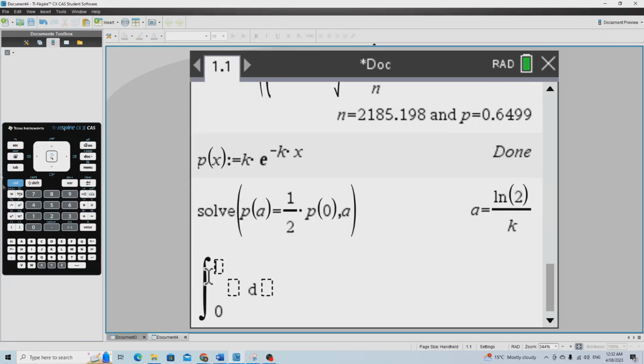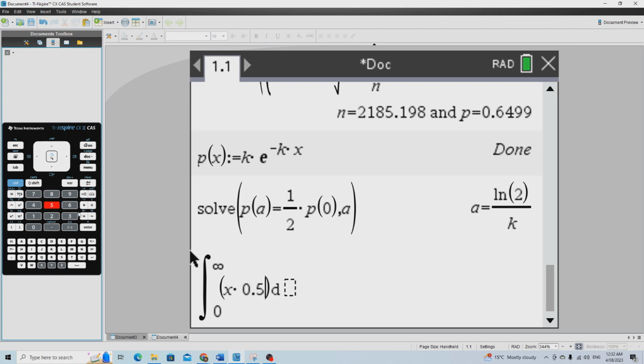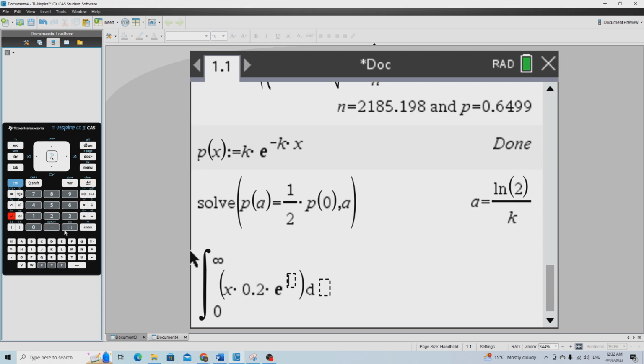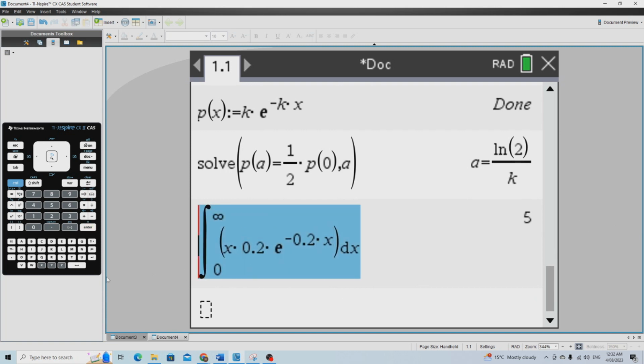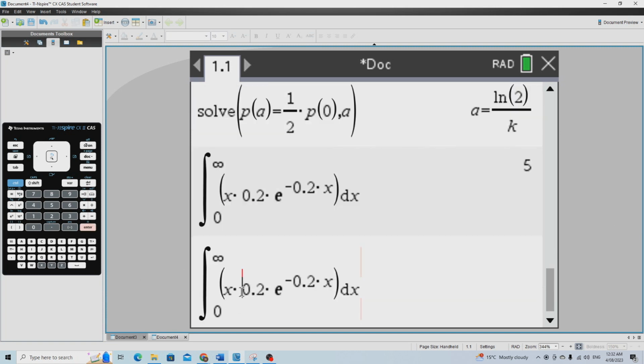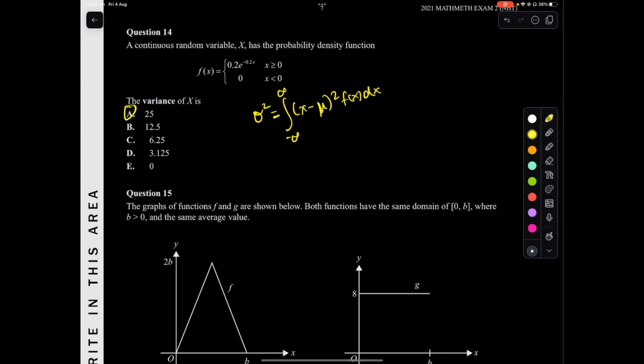From 0 to infinity for this function, normally it's x times 0.2 times e to the negative 0.2x, comma x. So this here is our mean. Now we have our mean, I can copy and paste this. And now we want x minus your mean, which is 5, squared times your f of x, which gives you 25. So A is your answer.